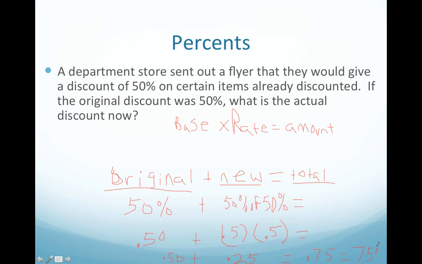Okay. These answers can be written in 3 different forms. They can be written in decimal form, percent form, and fraction form. And if I was writing it as a fraction, it would be 75 over 100 because percent means per 100. And all that does is solidify my foundation and understanding of math.